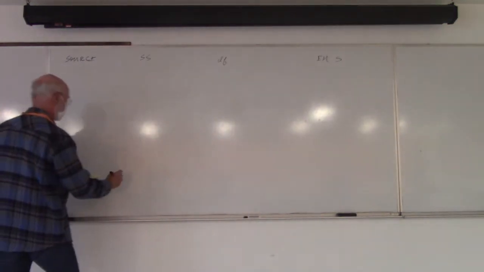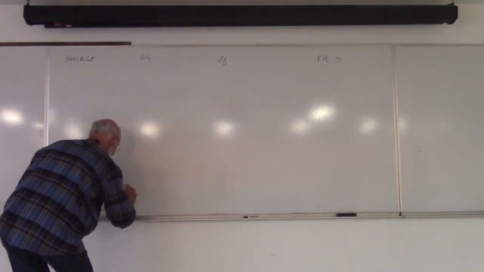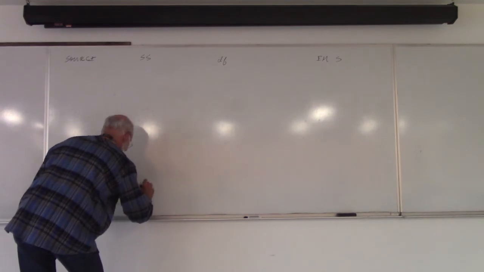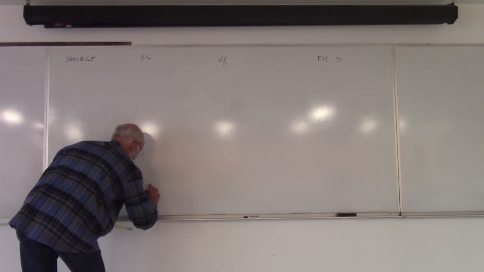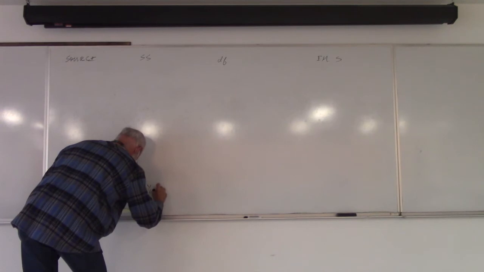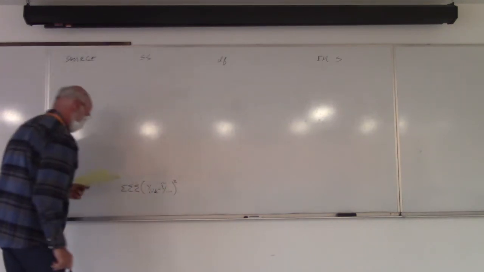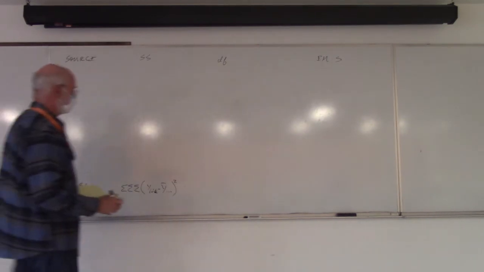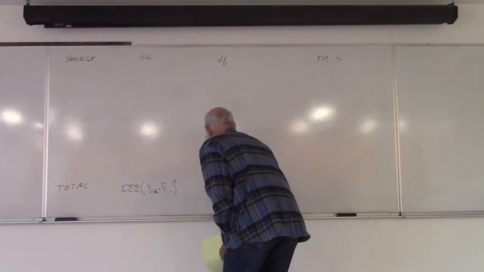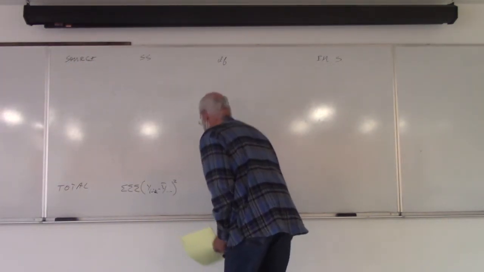So total sum of squares is going to be the triple sum of Yijk minus y bar dot dot dot quantity squared. And the total degrees of freedom is going to be equal to n minus 1.